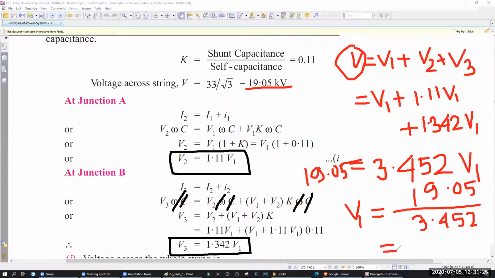The value is 5.52. Okay, your value is 5.52.